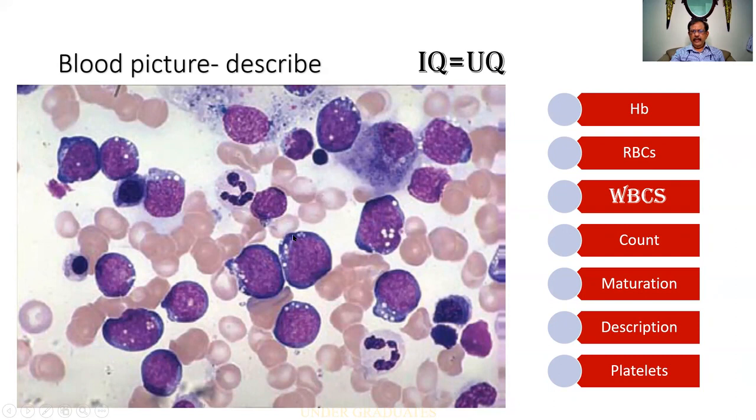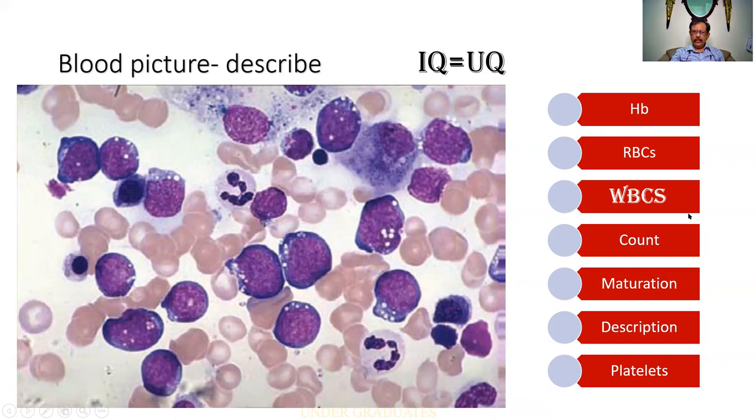There may be Auer rods or inclusions that can be seen. In this case, I am finding vacuoles in the cytoplasm, and we will have to do a cytochemistry to find out what kind of leukemia it is. So describe. Platelets are reduced in number. In some cases, there can be polychromatic cells and normoblasts that are produced as a reaction.